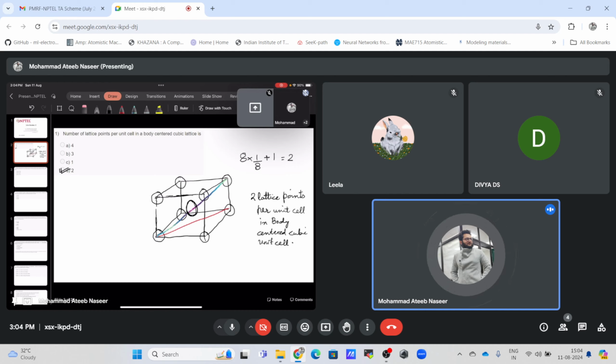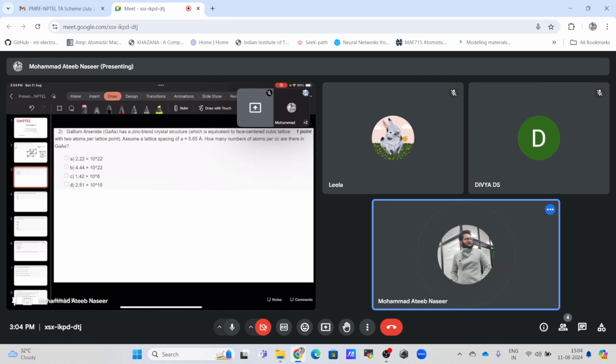Now moving to another problem which says that we have this zinc blende crystal structure. In the previous problem session, when we solved for the silicon crystal lattice, we saw that the unit cell had 8 atoms.